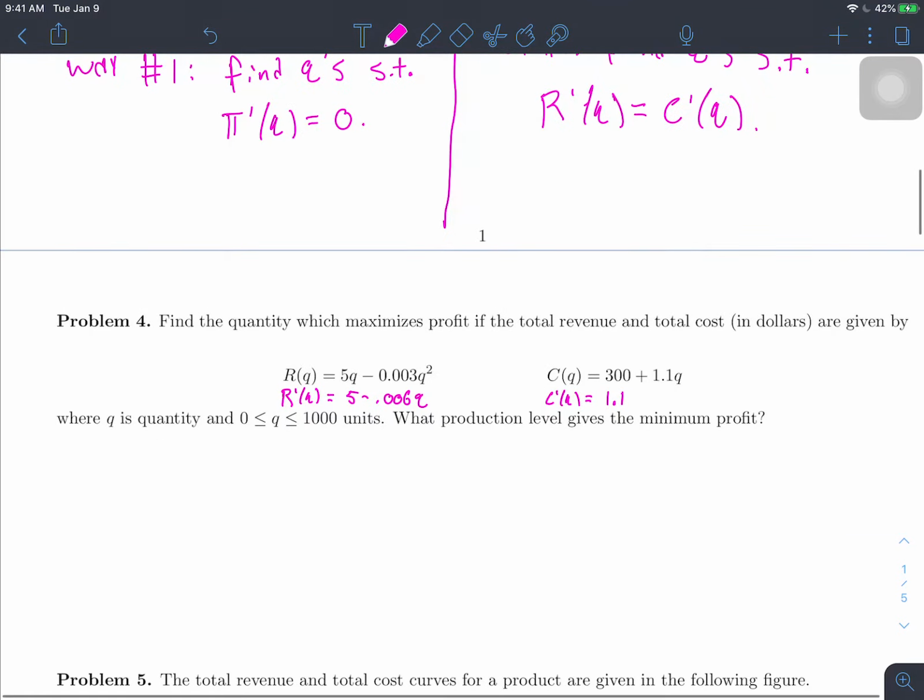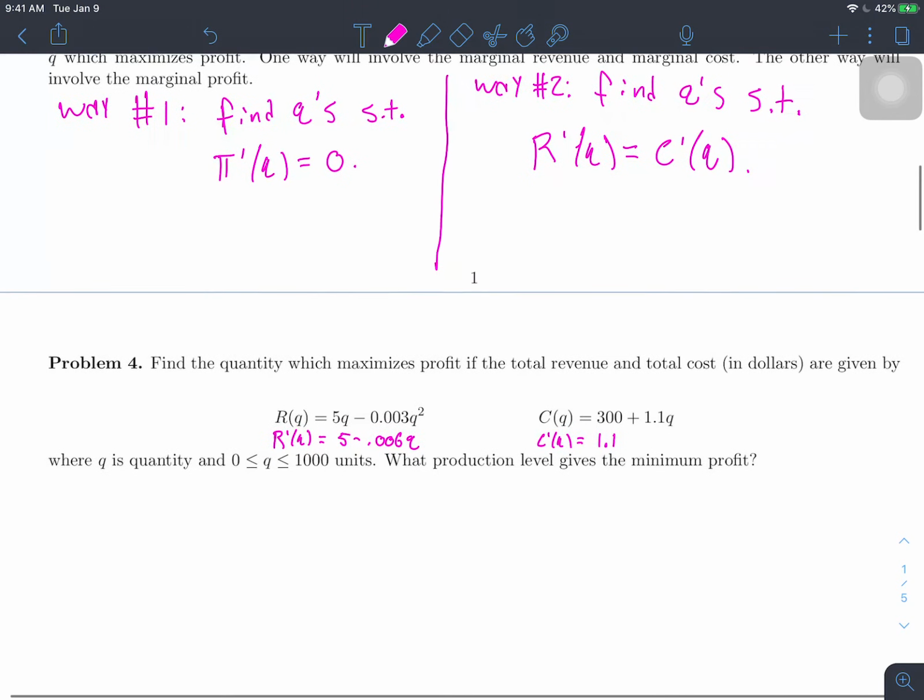Okay, so we'll use way number 2. We'll find the q's which make R prime of q equal to C prime of q. So we want to solve R prime equals 5 minus 0.006 q, and we set that equal to 1.1, which is C prime. Okay, we set C prime equal to R prime.